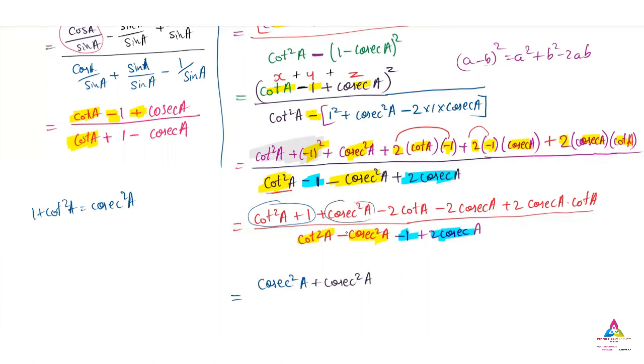And next we have to combine that 2 cosecant A cot A and everything we have, that we will write down as it is. Nothing I will change.